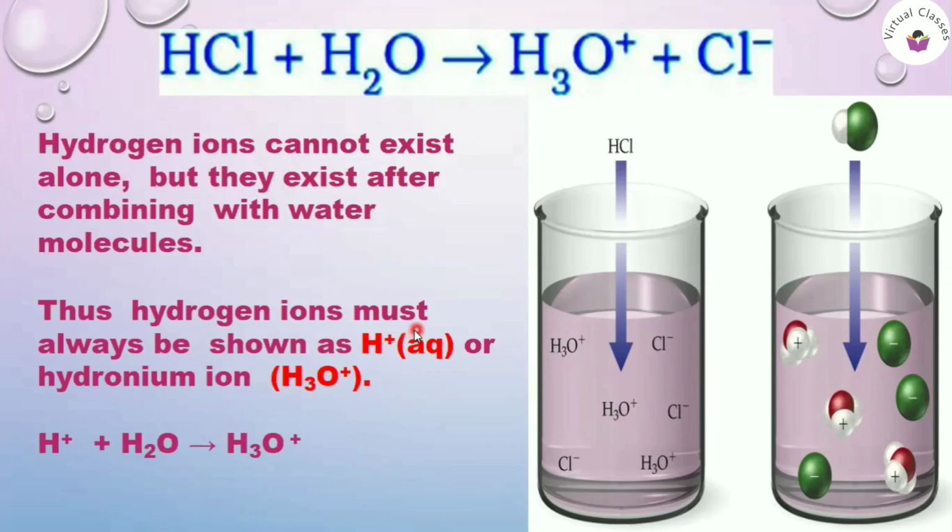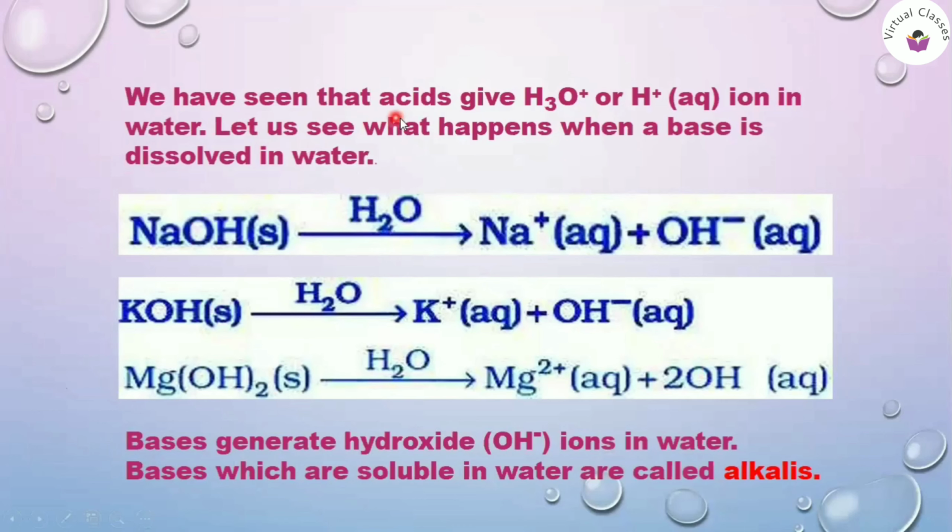Thus, hydrogen ions must always be shown as H+(aq), that is hydrogen ions in aqueous solution, or hydronium ions. So this is the reaction which occurs when hydrogen chloride or any acid ionizes in water. The hydrogen ion combines with water to form the hydronium ion. We have seen that acids give hydronium ions or H+(aq) ions in water.